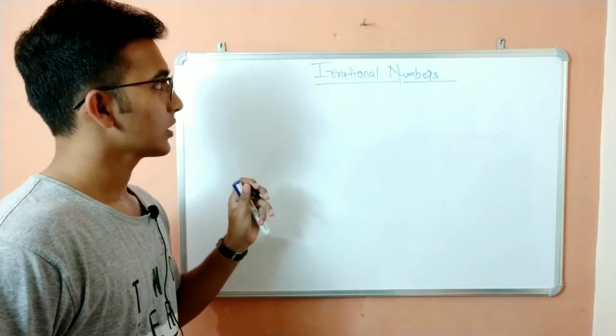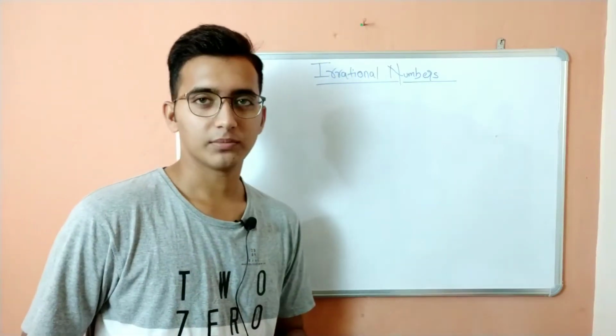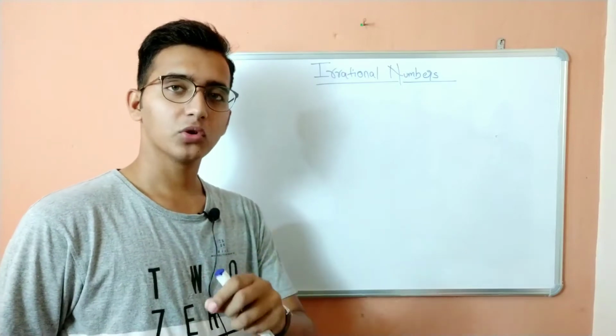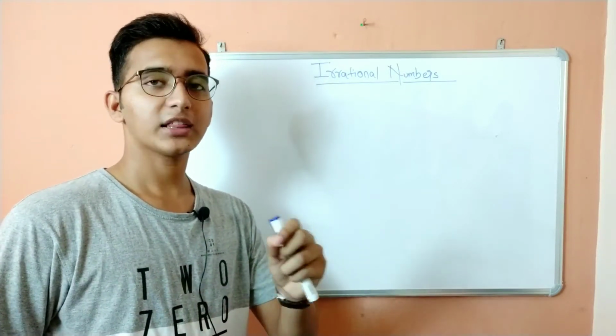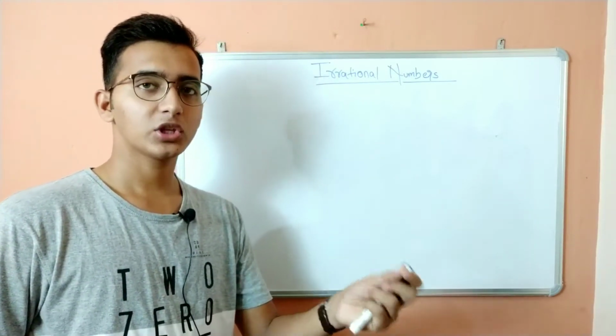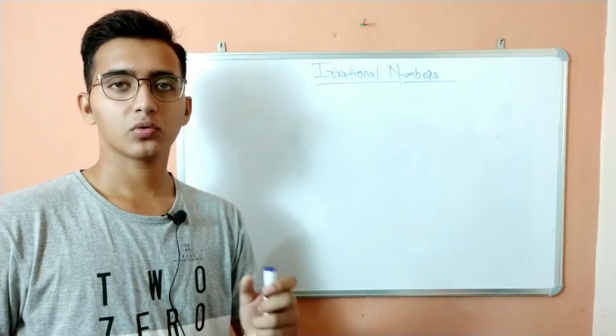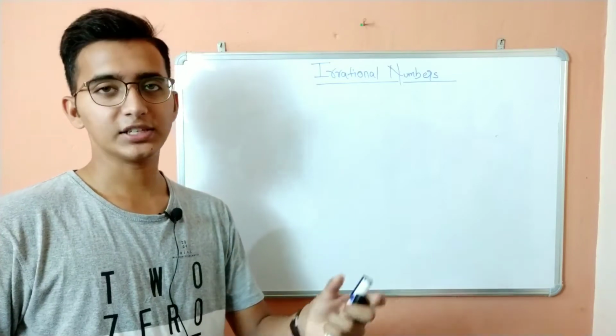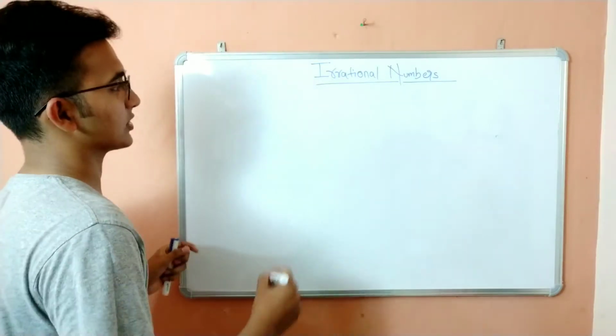Let's go back to the rational numbers. If you remember, what are rational numbers? Rational numbers are those numbers which are in the form p by q, where q is not equal to 0, and p and q are both integers. Let me explain that once again.